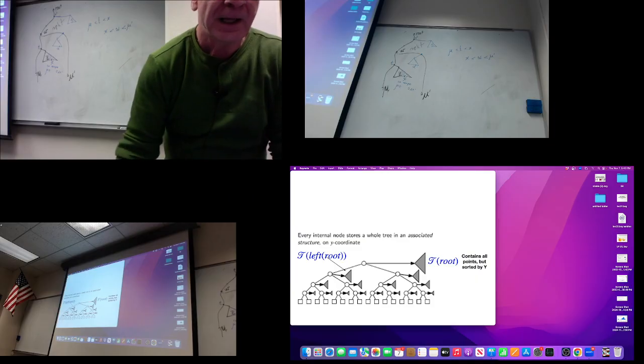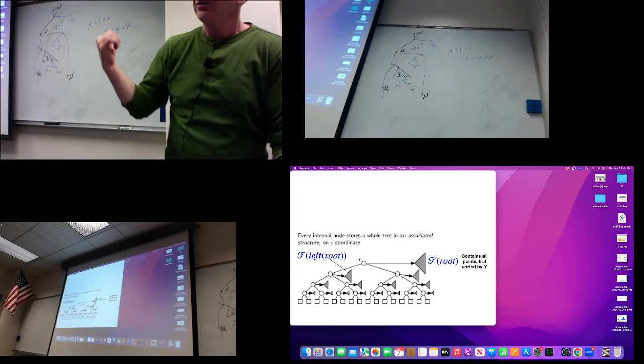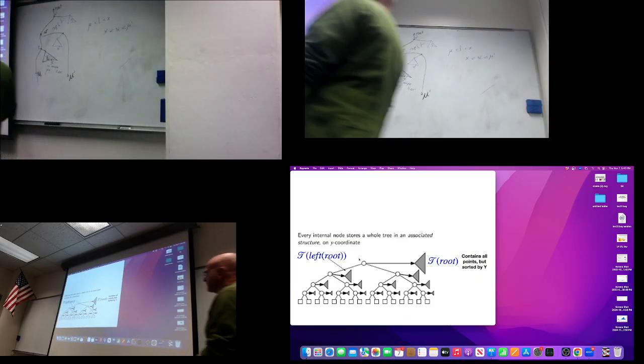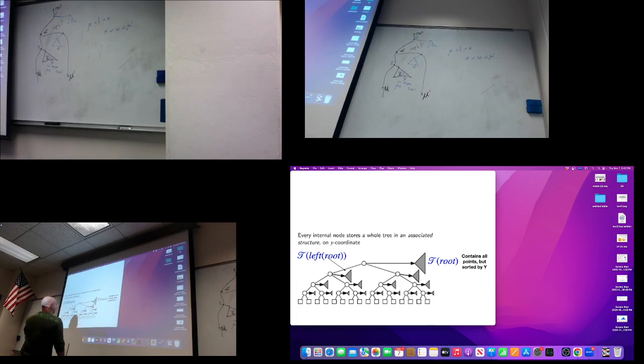Let's see if I have a slide. So schematically, we'll go back to the slides before, but schematically, it will look like you have the main tree, T, and T of the root contains what? What is the set of nodes that the root corresponds to? That's all the points of my data set.